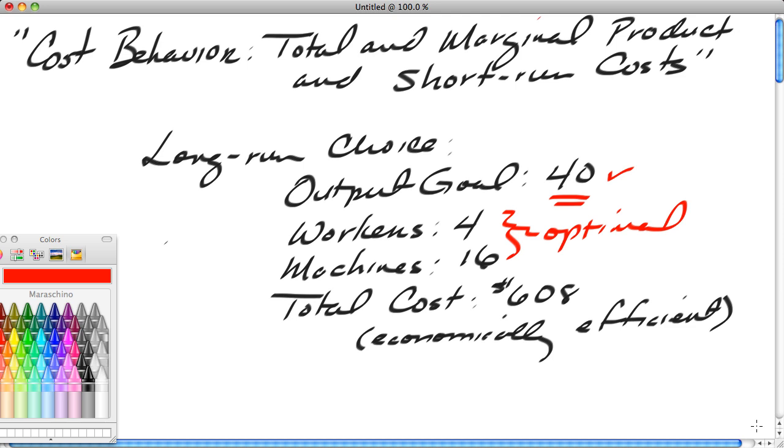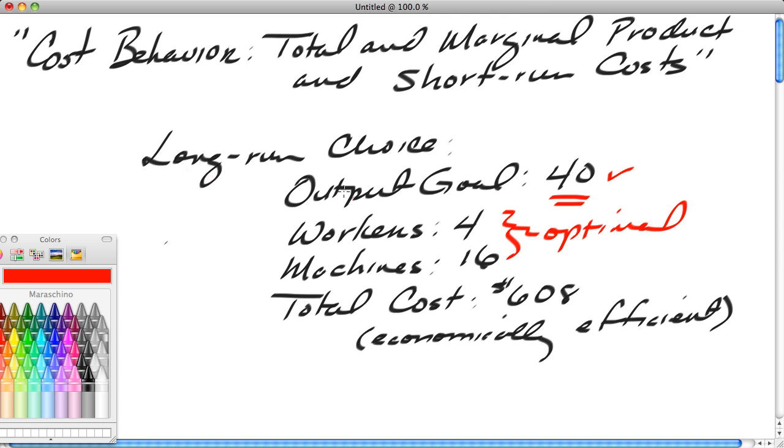In our first video, we took a look at long-run cost choices, and we found that the firm, we called it XYZ Company, which produced widgets, decided to produce an output goal of 40 widgets per day. Based on a production function, that firm decided to produce the output goal of 40 with 4 workers and 16 machines.